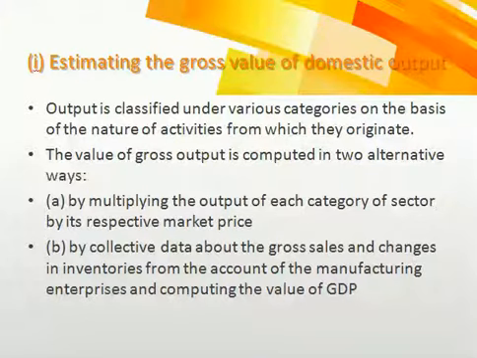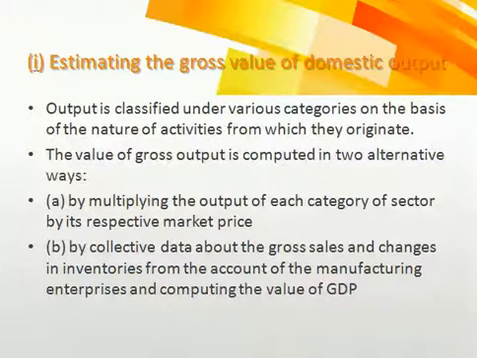In this step, the output is classified under various categories on the basis of the nature of the activities from which they originate. For example, agricultural activity will be segregated, the manufacturing activity will be segregated, the services activity will be segregated, and in that also many classifications will be done.